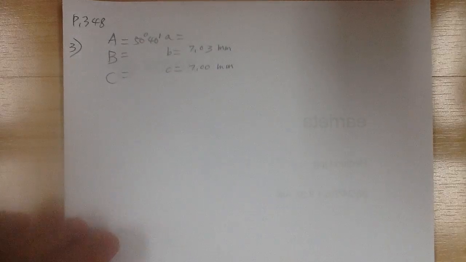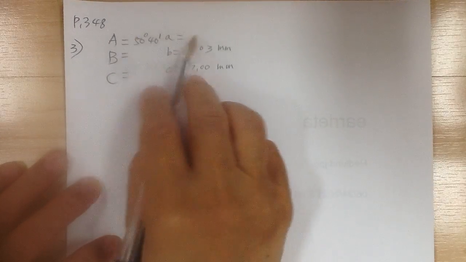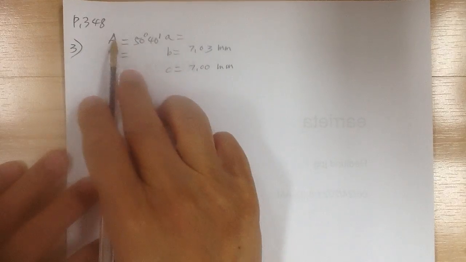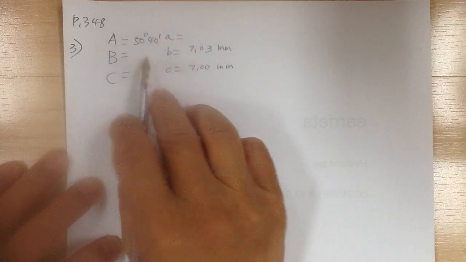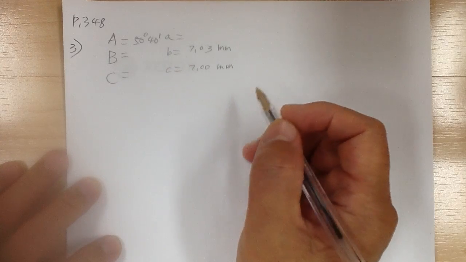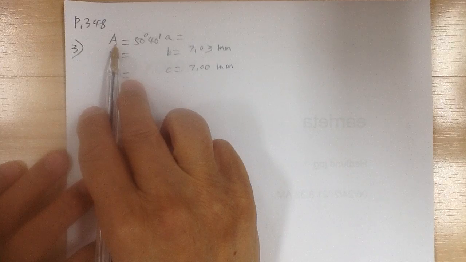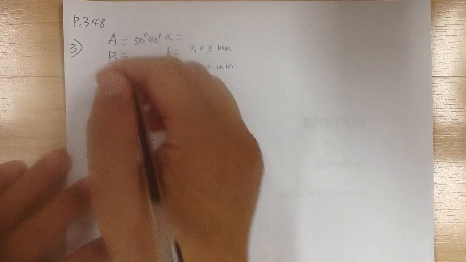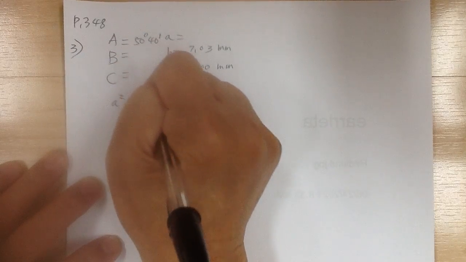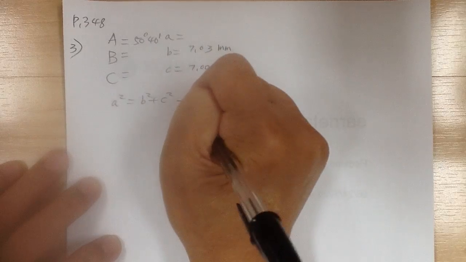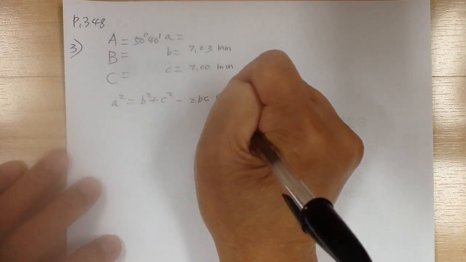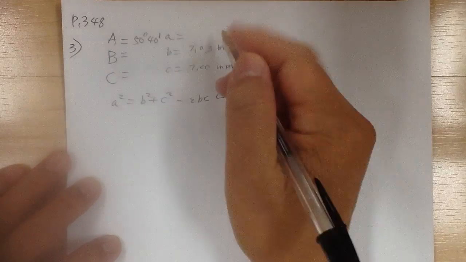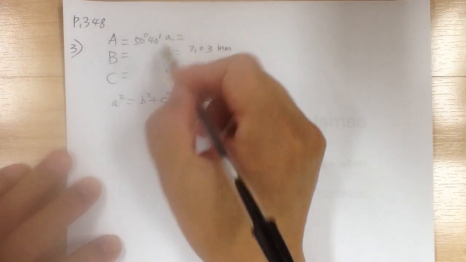Whenever you have two of the same letters, you want to use the law of sines. And whenever all three letters are different, like A, B, C, you want to use the law of cosines. Since the angle A is involved, you want to use the A version: a squared equals b squared plus c squared minus 2bc cosine of A. Or another way to do it is, whatever you're looking for, that's the one you write first.